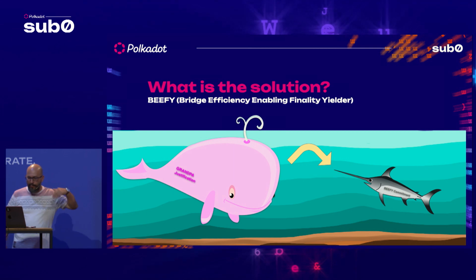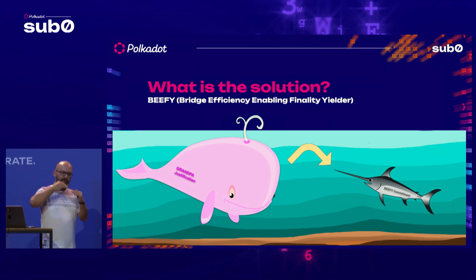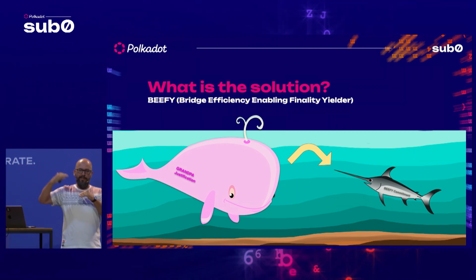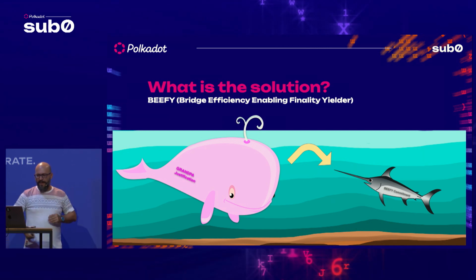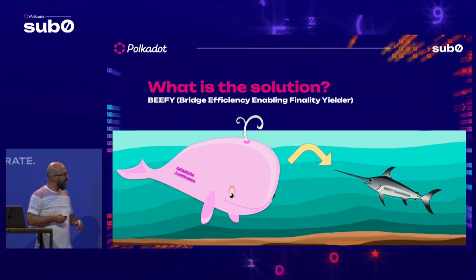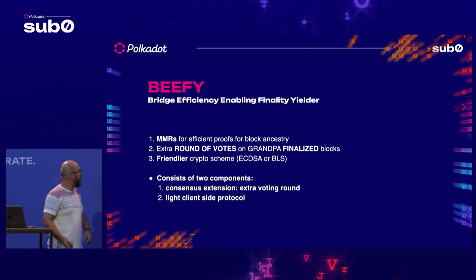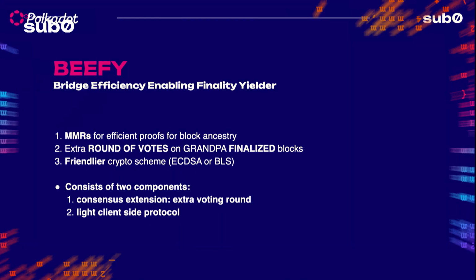So we are actually adding an extra protocol over the Grandpa consensus. And what it brings us is more efficient proofs for block ancestry, because we are relying on MMRs, Merkle Mountain Ranges. If somebody doesn't know what it is, we can discuss it offline. It's a specific type of Merkle tree.